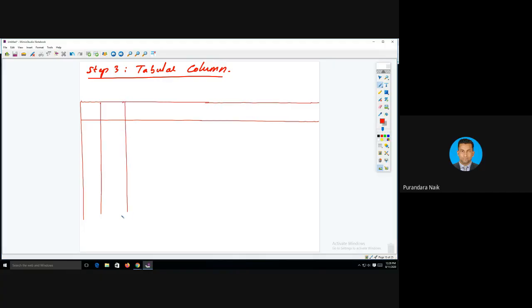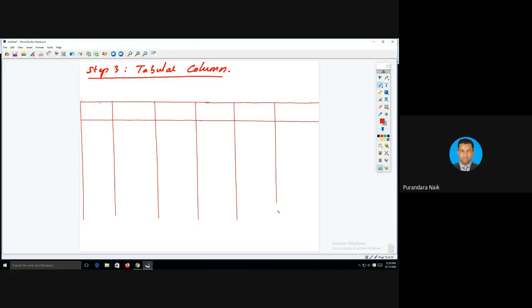Third column is radius, similar to the previous one. Fourth column is centrifugal force.